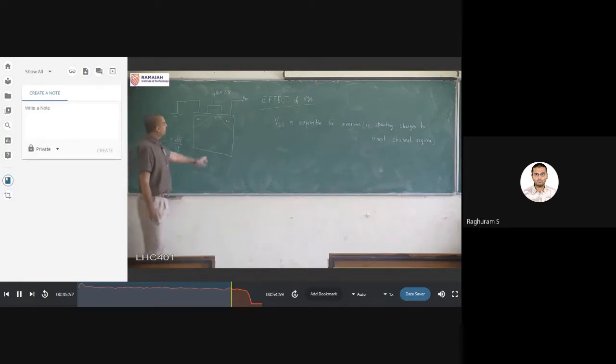Those are these charges. These charges are mainly attracted by the gate voltage, because this is in a vertical direction, right? Because the gate voltage electric field is in a vertical direction, all the charges are getting attracted vertically and come and sit directly under the gate region. That is our inversion.